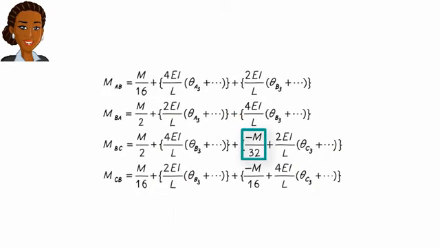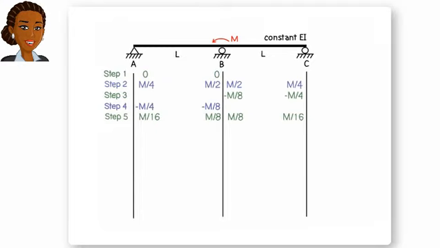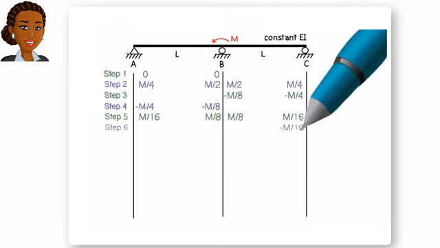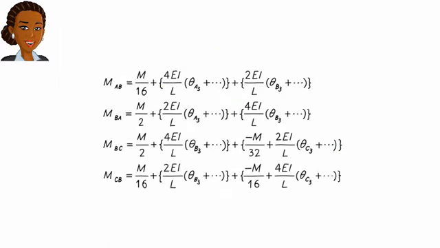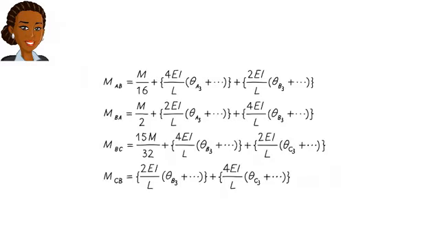Here is the incremental moment at end B, and here is the moment increment at end C. Add them to the table. Now rearrange these equations. Hopefully, you are beginning to see the iterative process of incrementally calculating the joint rotations and member end moments. Let's go through a few more iterations quickly.